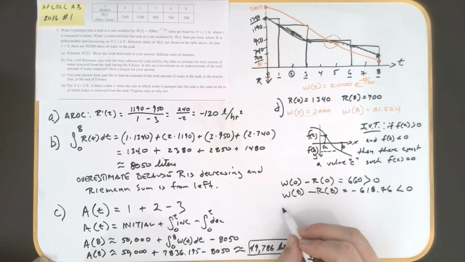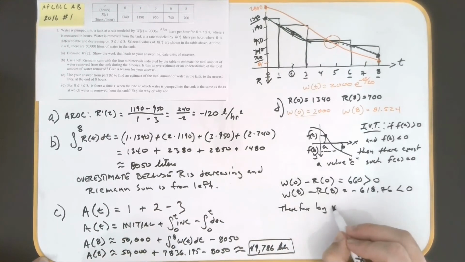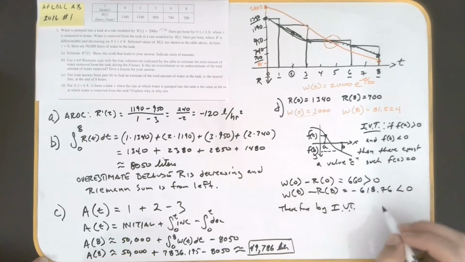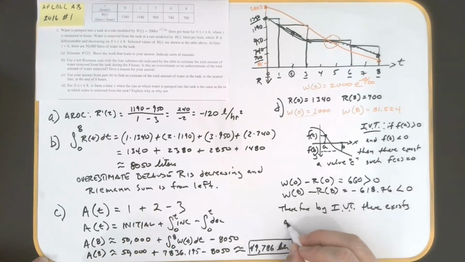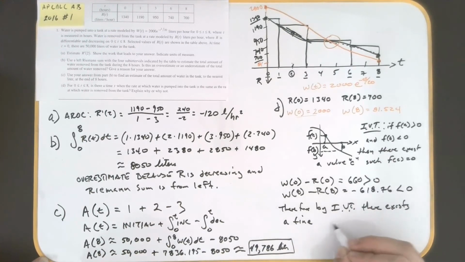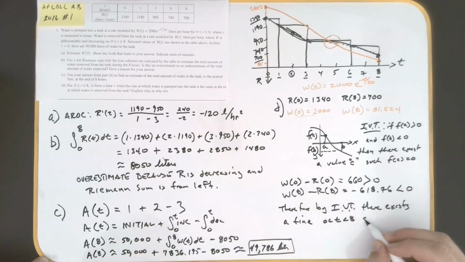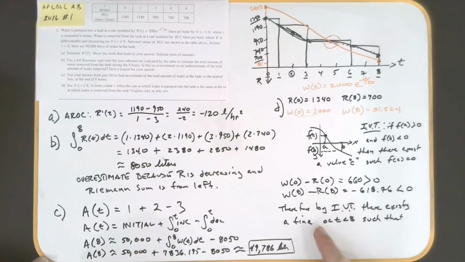So what I get to say is, therefore, by the intermediate value theorem, there exists a time somewhere between 0 and 8 such that W of t had to equal R of t.